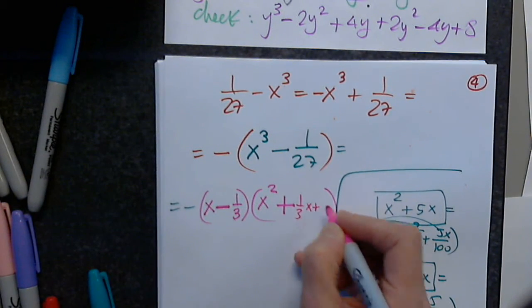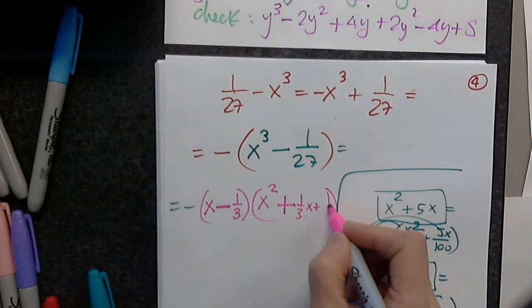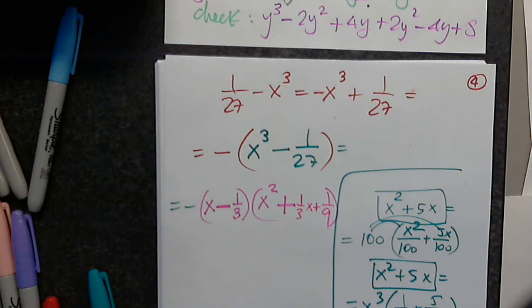Plus. Is this clear? The first term squared, plus the product of those terms, without that 2 from a different formula; it has nothing to do with it here. So x times 1/3 is 1/3 x, and then 1/3 squared, which is 1/3 times 1/3, which is 1/9. Any questions?